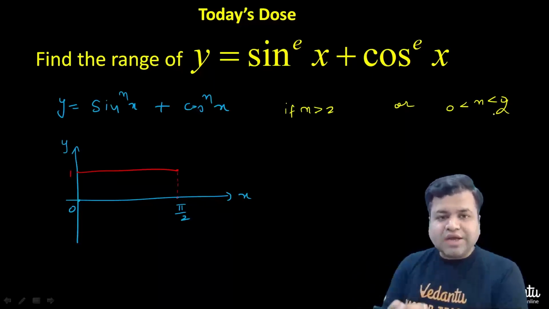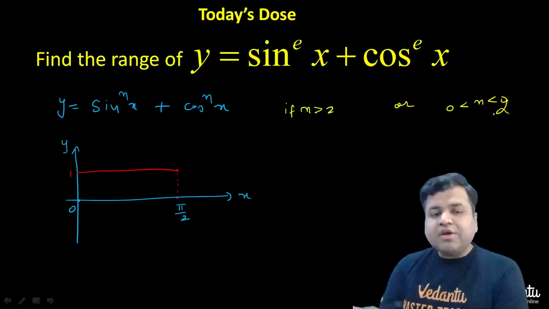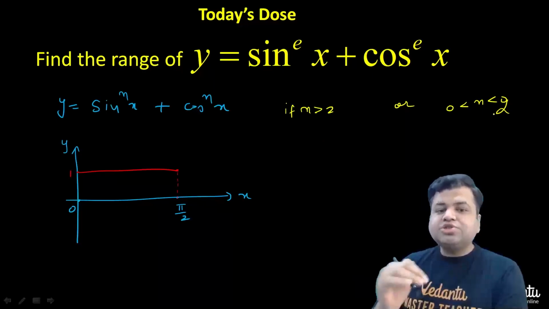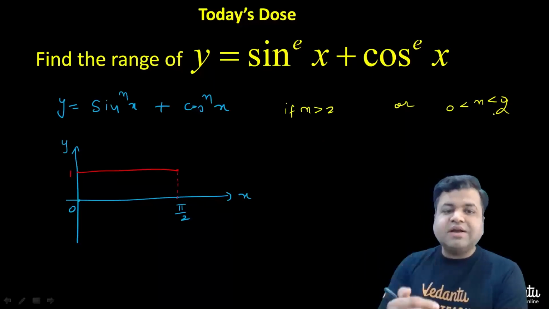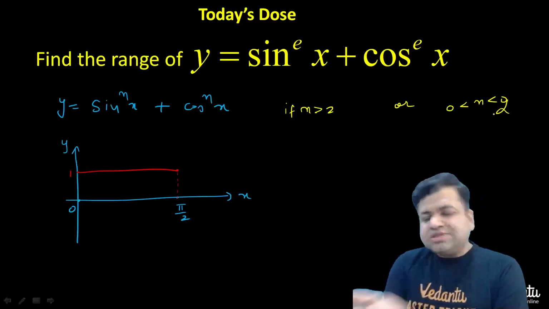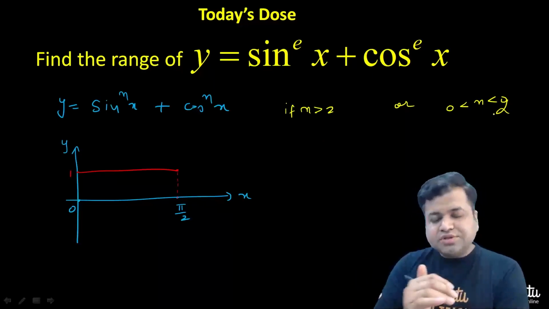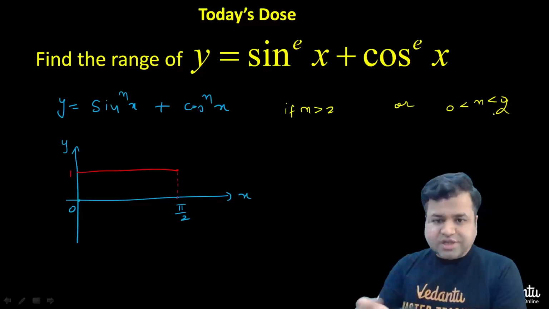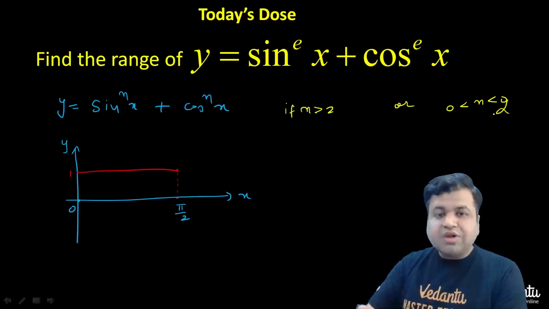In fact, 1 upon sin will become cosecant and 1 upon cos will become secant. It should be termed as secant raised to power n x plus cosecant raised to power n x. So this is an entirely different approach, because in that scenario the graph will tend towards infinity, and we will discuss it in another lecture. Here we are only considering the positive values of n, right?